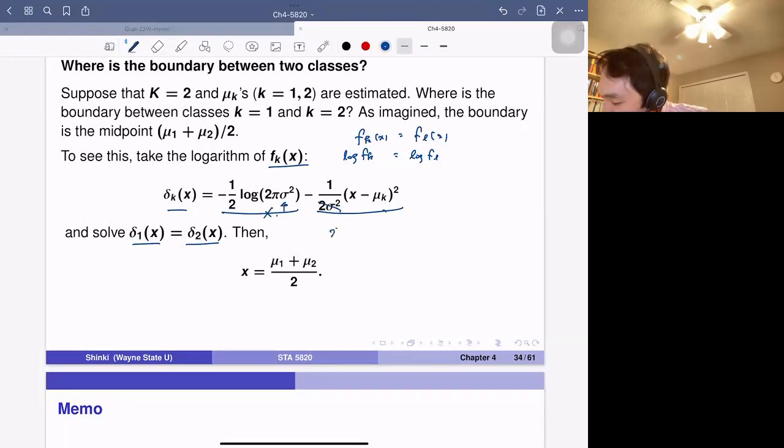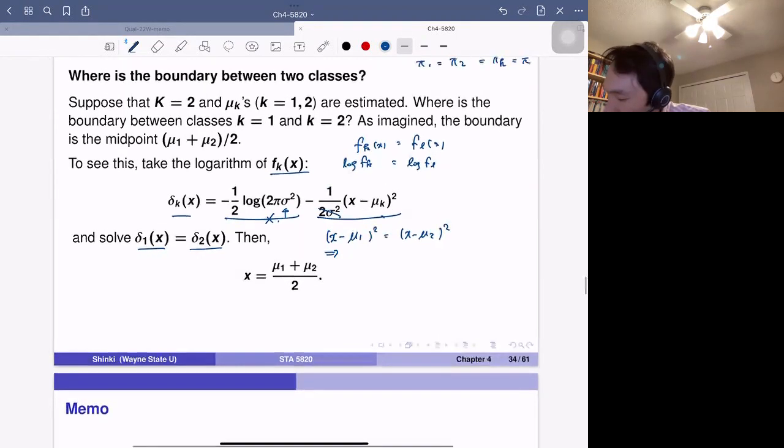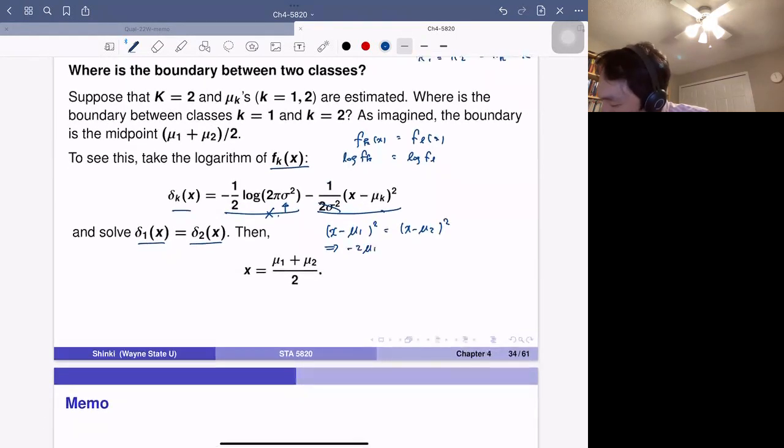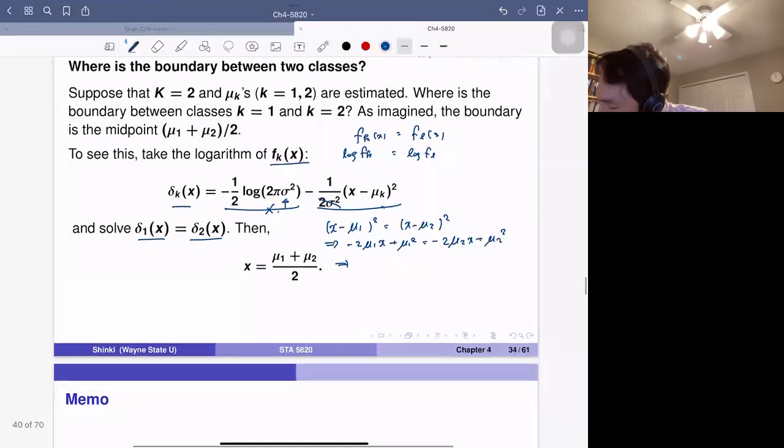That means (x minus mu_1) squared is equal to (x minus mu_2) squared. Okay, x squared is the same for both sides. So negative 2 times mu_1 x plus mu_1 squared is equal to negative 2 times mu_2 x plus mu_2 squared.